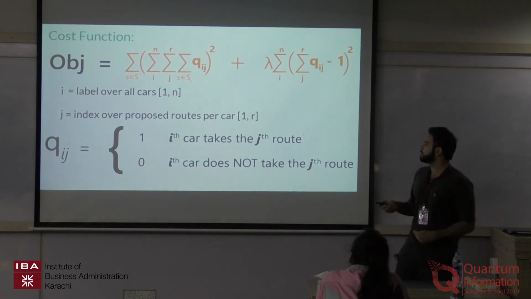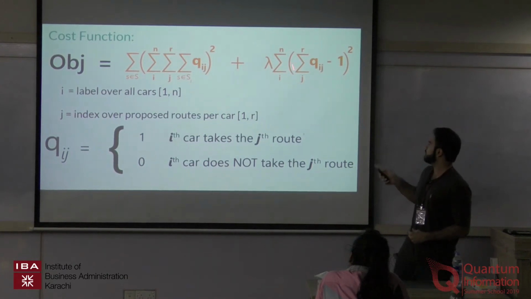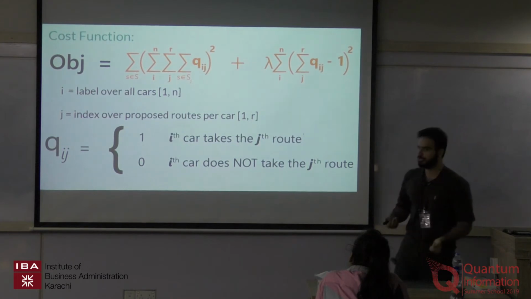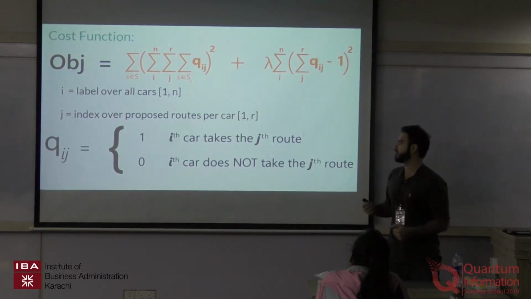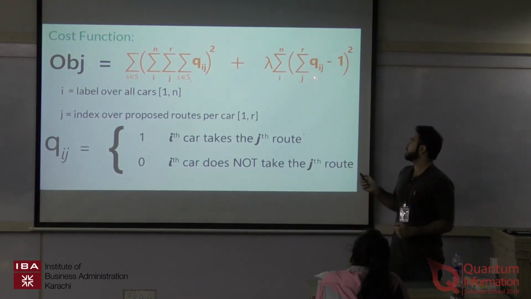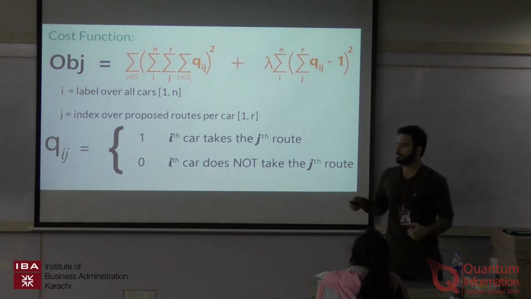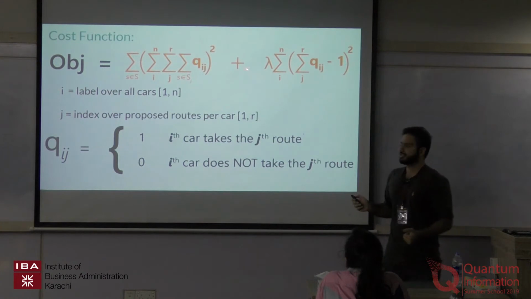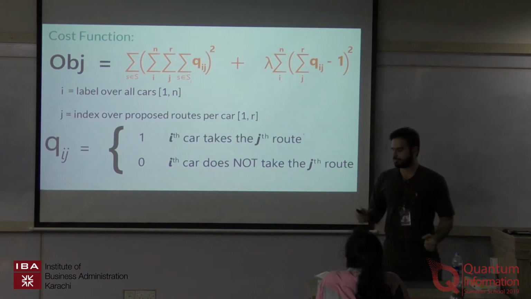So if the quantity inside brackets is 0, which it will only be if only one of the Qij is 1, then this goes to 0, and the system avoids this cost lambda. Lambda is some huge number that the system is going to try and avoid, since it wants a minimum solution.